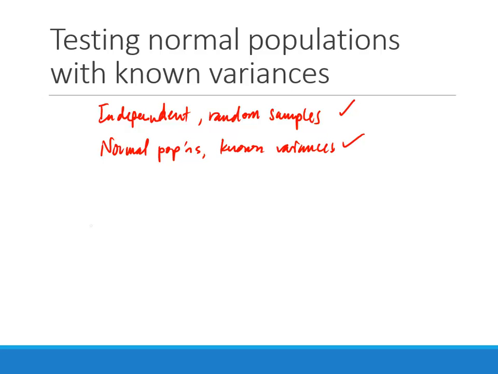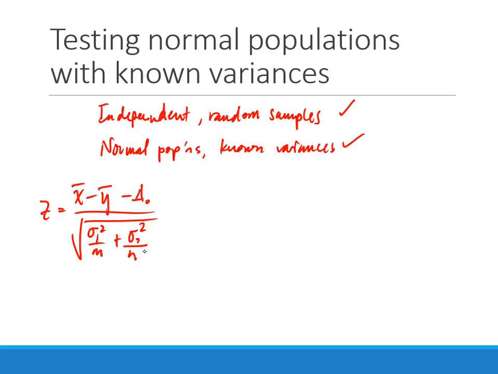So we can calculate our test statistic. First step is always calculate your test statistic. So we have x bar minus y bar minus delta 0 over the square root of sigma 1 squared over m plus sigma 2 squared over n. So what's delta 0 here? 0. That comes from our null hypothesis.